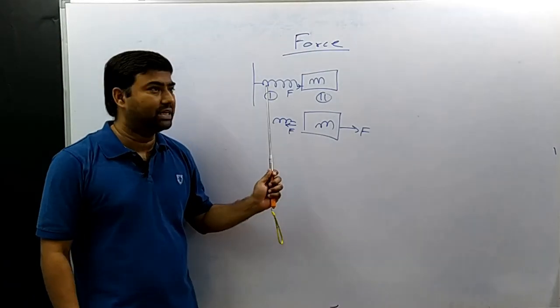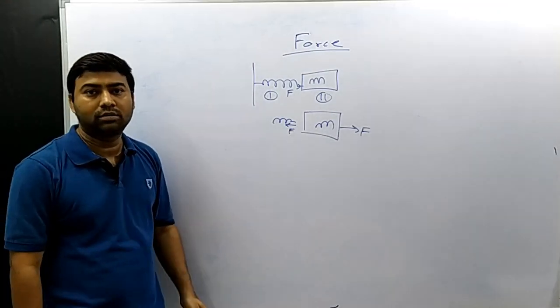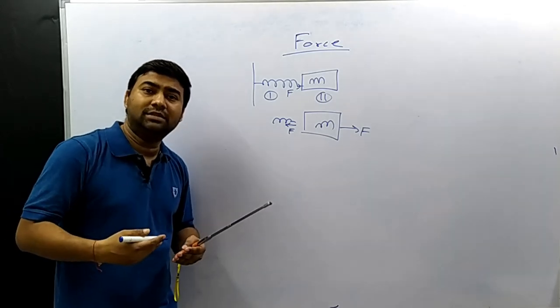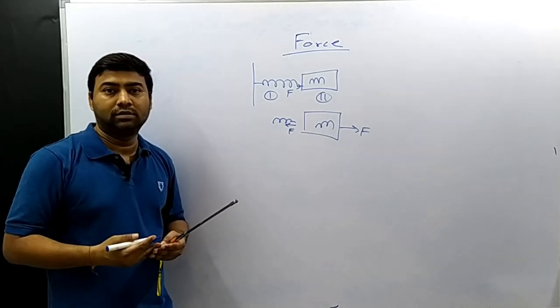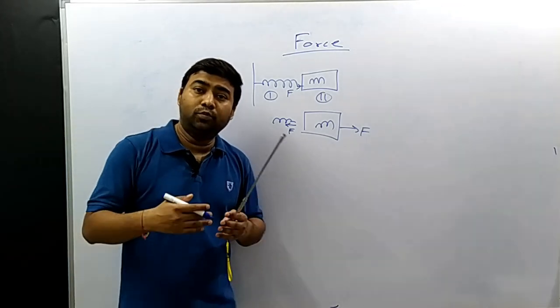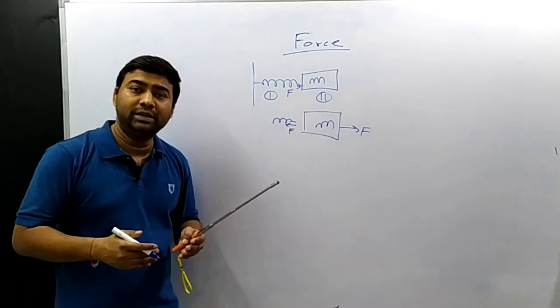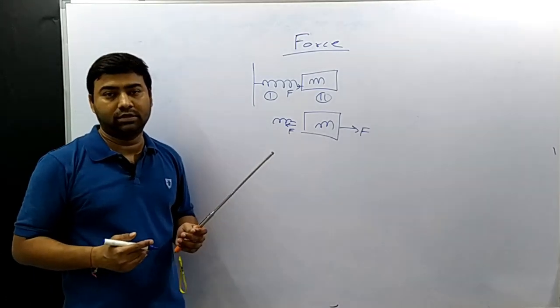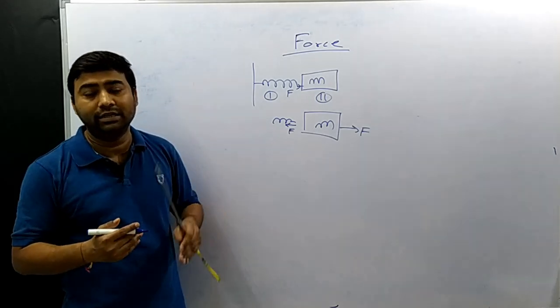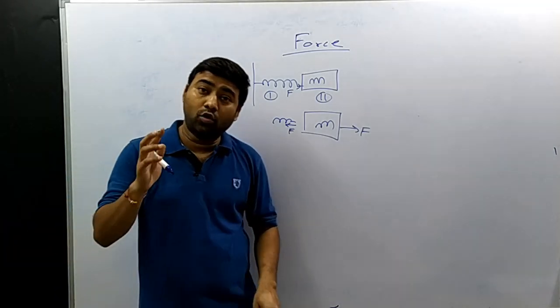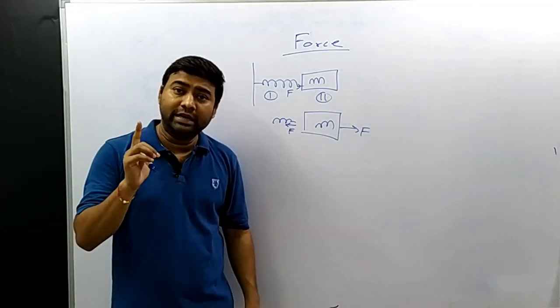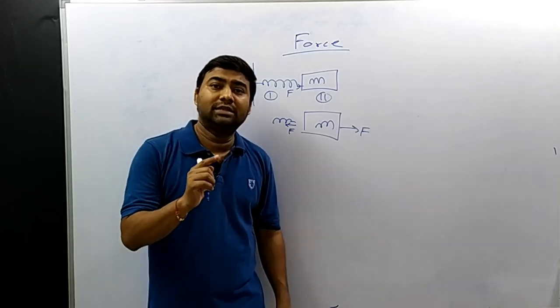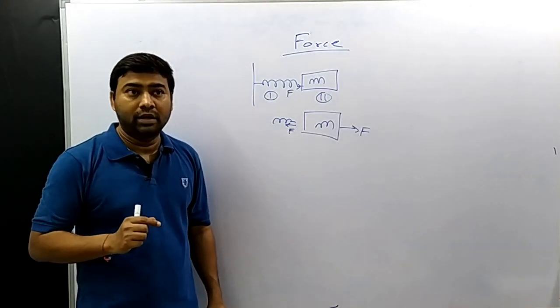So both systems, the spring as well as the block, will experience a force, but both these forces will be exactly opposite to each other because they are action and reaction. There are always two forces. Never will it exist in a single form.